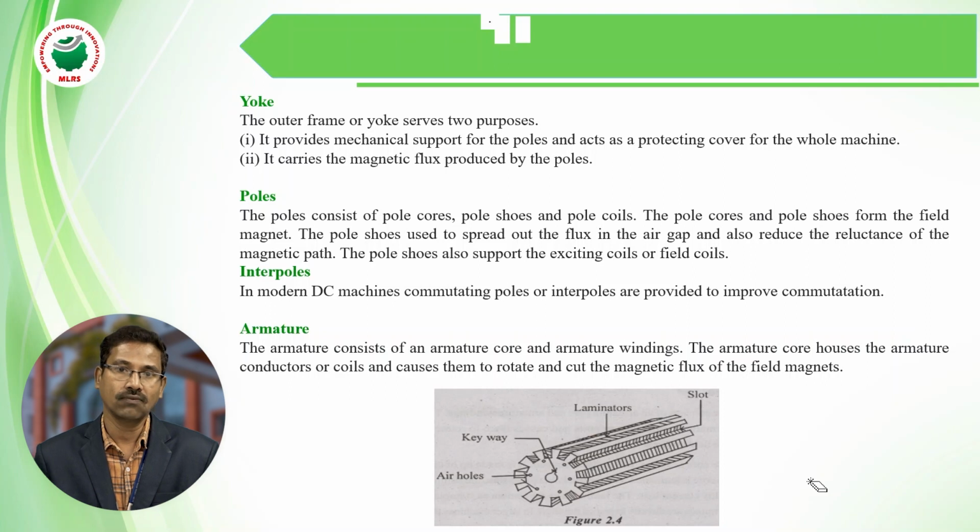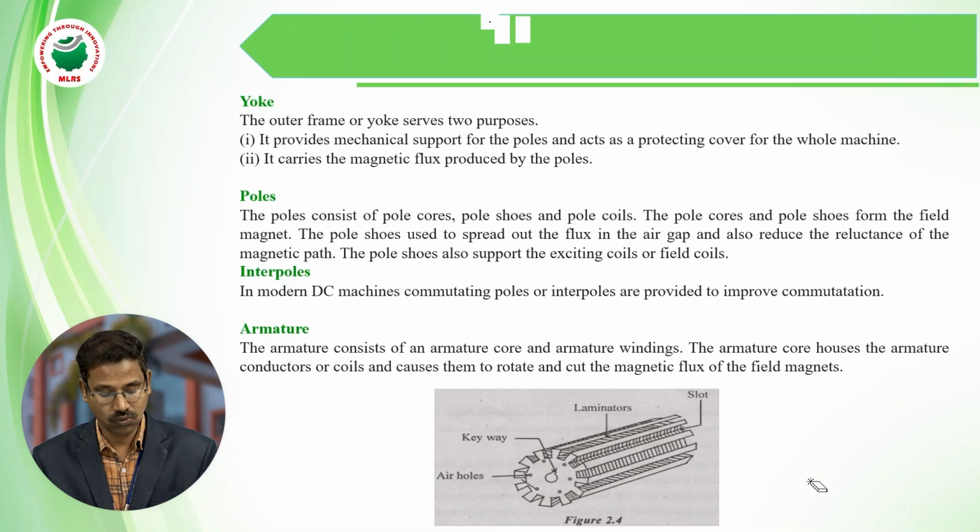This magnetic flux is produced from the north pole to the south pole through the air gap, and some interpoles are also provided in between the main poles. The main function of the interpoles is to reduce the sparking at the brushes.